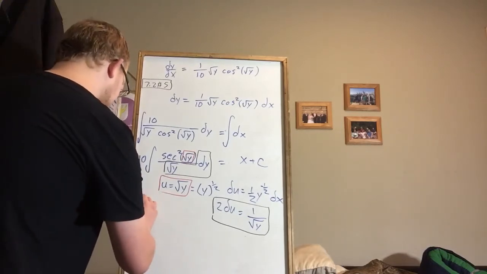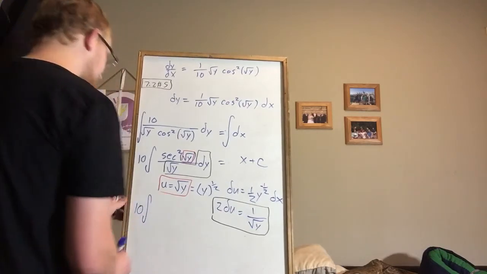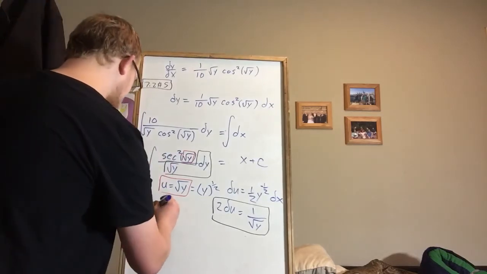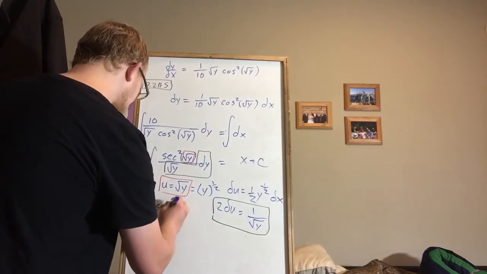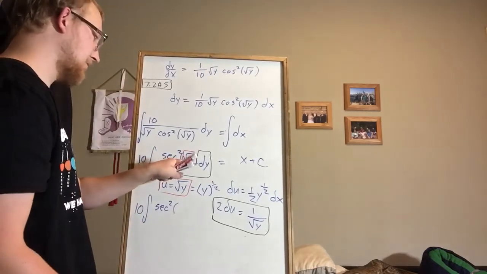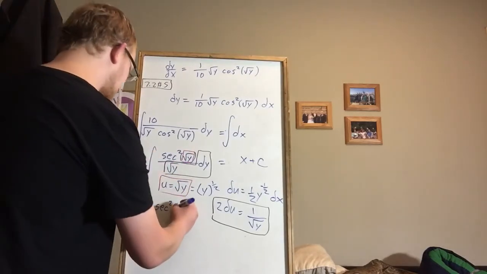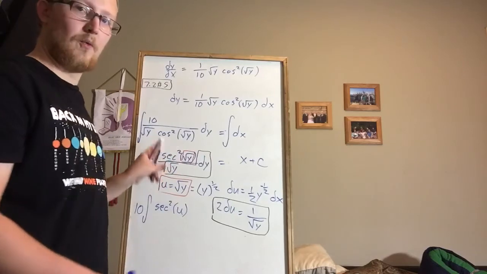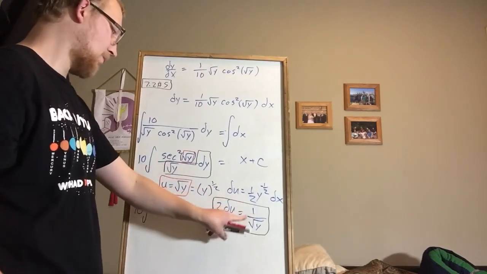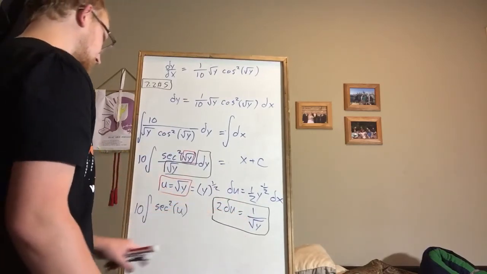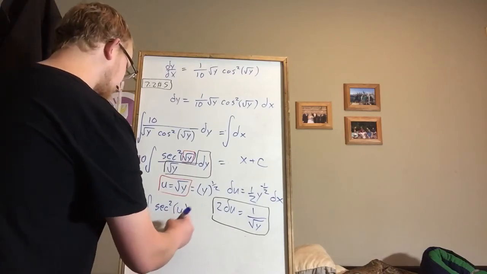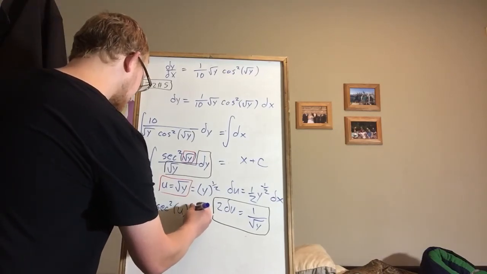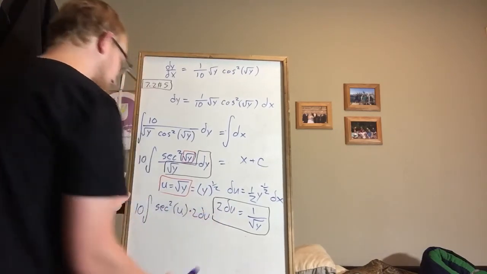To write this, we would say 10 integral of secant squared is still hanging around, but the inside of it is now u, right? Because we picked u to be square root of y. And then instead of writing a 1 over square root of y, 1 over square root of y is equal to 2 du. So we can multiply this by 2 du.